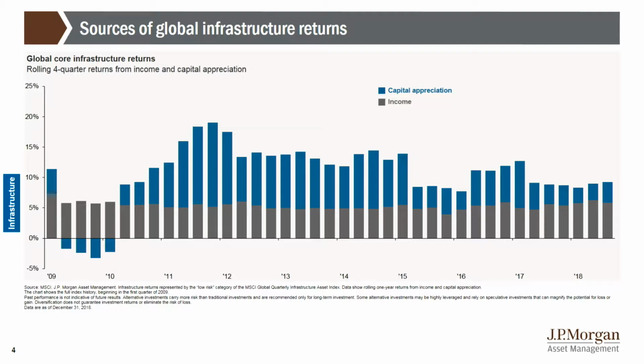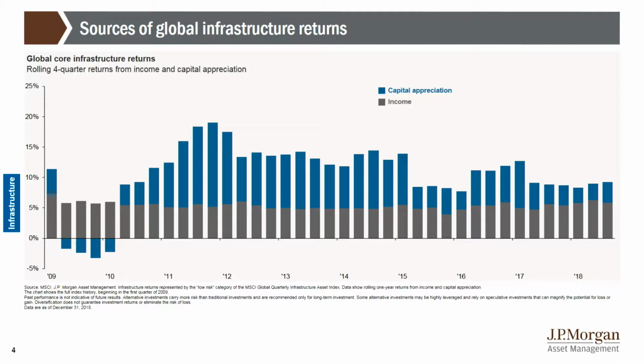And what I've done on this chart is I've shown the returns of an infrastructure asset index, right? So these are the actual utilities, ports, airports, and I've decomposed that return into the share which has historically come from income and the share which has historically come from capital appreciation. And a couple of things jump out at me when I look at this page.